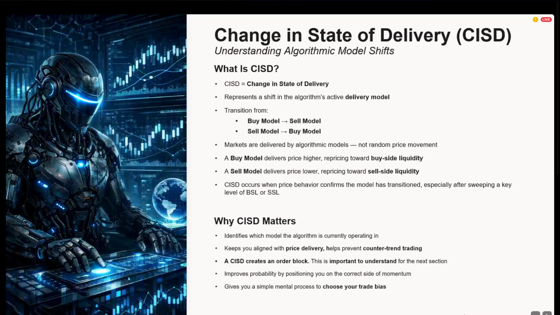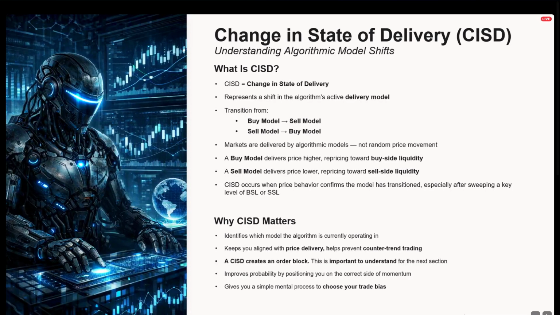And with most traders, when you see counter trend trading or they're on the wrong side of the trade, 9 times out of 10 it's because they were directionally incorrect, meaning their bias was off. So if you can start to understand these very simple concepts, train your eye, spend a lot of time on charts, and understand what your liquidity levels are and where your change in state of delivery is, you're literally like 90% there.